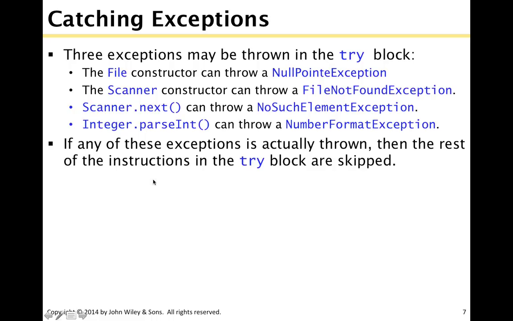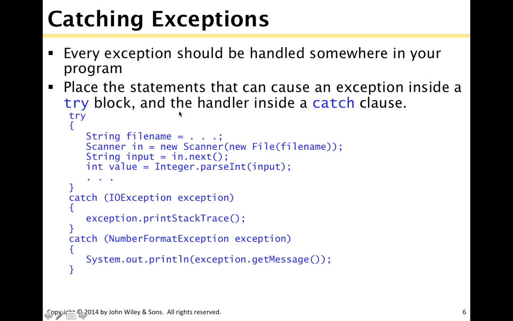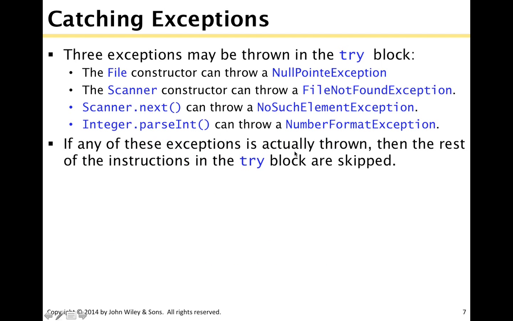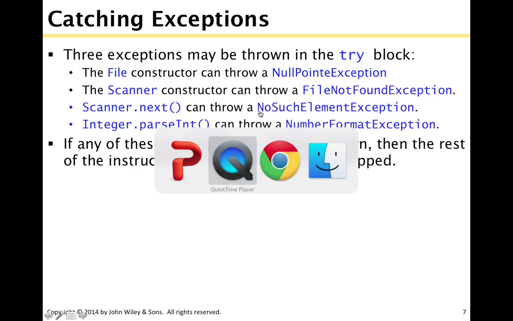In the previous example, you can get some exceptions thrown if something goes incorrectly. The File constructor, in the previous example, throws a NullPointerException. So how do you know that? Using the Java API documentation.